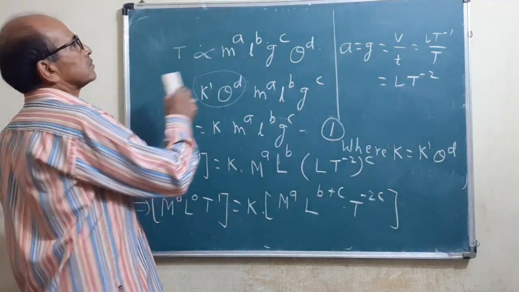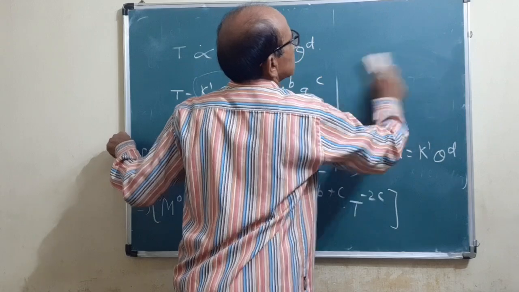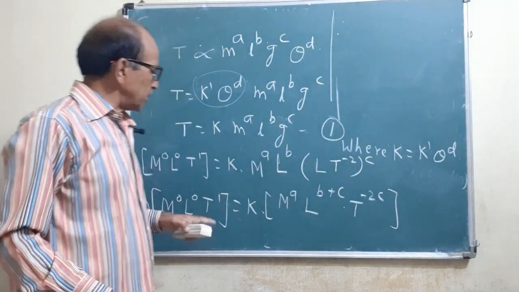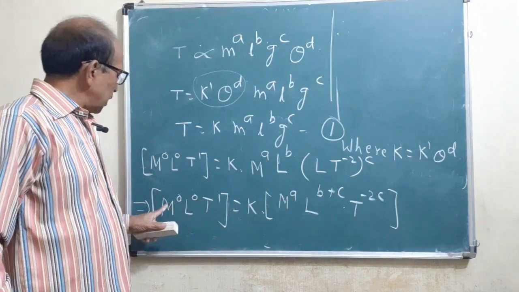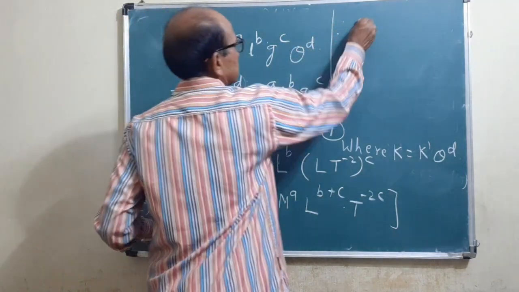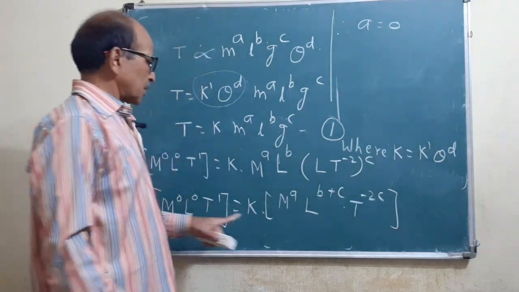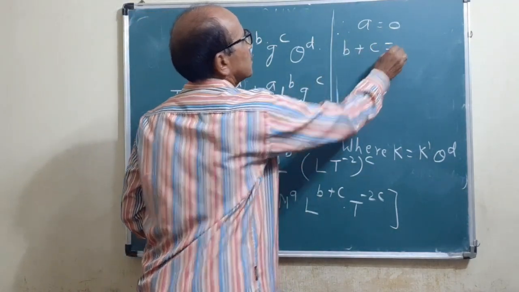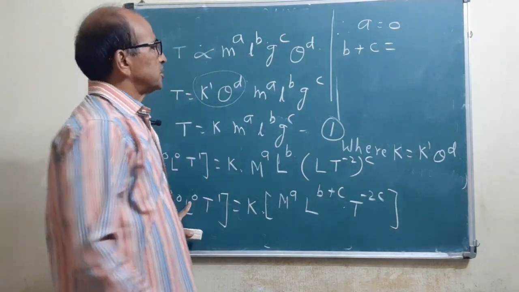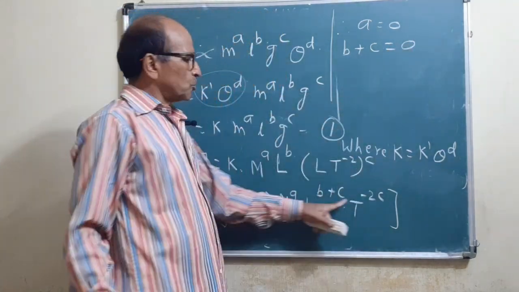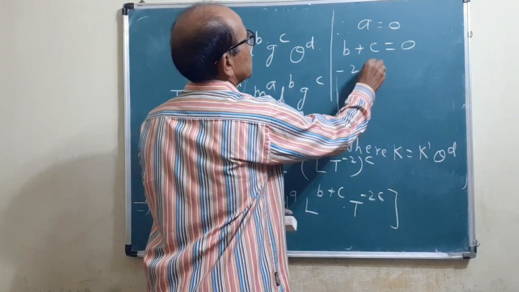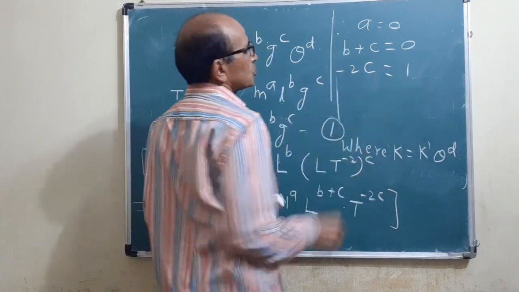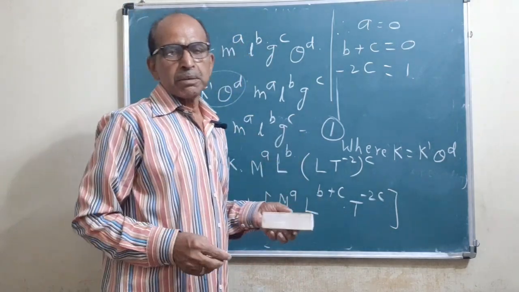So in this way, M to the power a, M to the power 0, so a is equal to 0; L to the power b plus c, b plus c is equal to 0; and T to the power minus 2c, minus 2c is equal to 1. So on solving, you can find out the values of a, b, c.